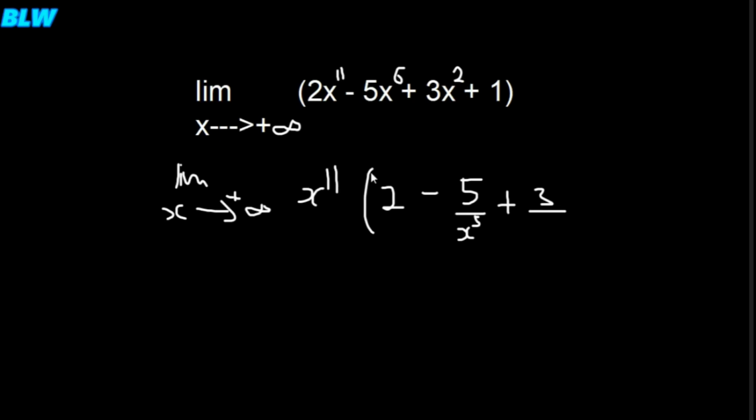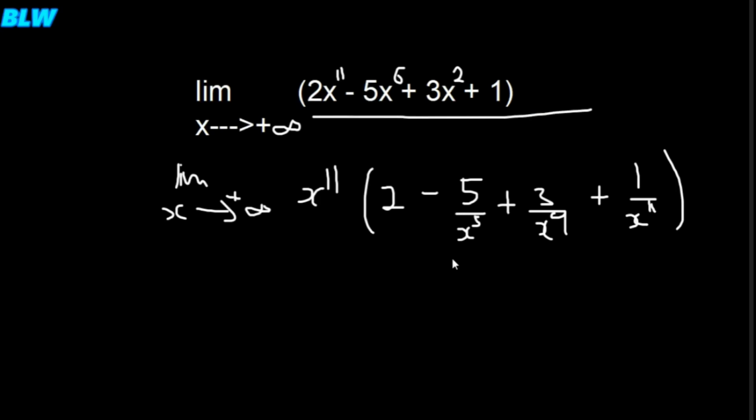If I subtract 2 from 11, I'll get 9, so that will be over x to the power 9, plus 1 doesn't have any variable, so it will just be 1 over x to the power 11. When I multiply this x to the power 11 by this, I still get what I have here. I just transformed it this way so that it will be easy for us to prove.